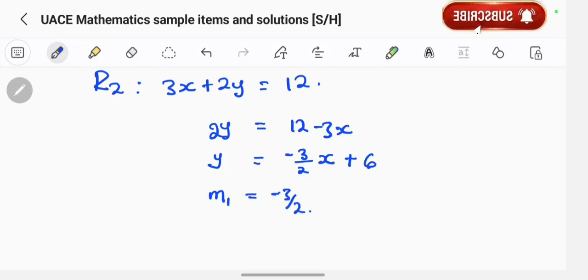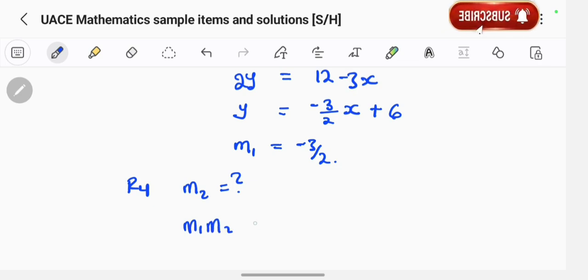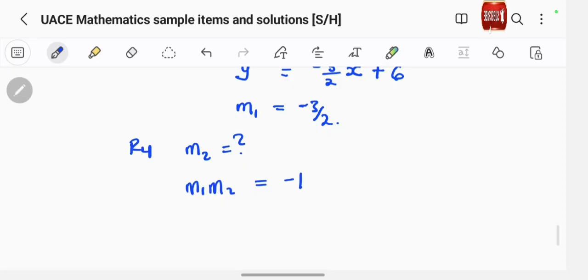So this one is perpendicular to R4. So for R4, my m2 is not known, but I can get it. Since these two are perpendicular, m1 m2 is equal to negative 1. That's the formula we use.